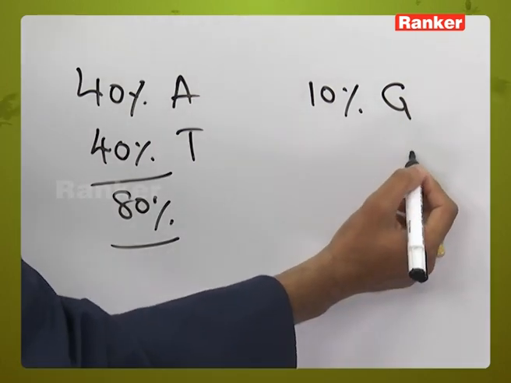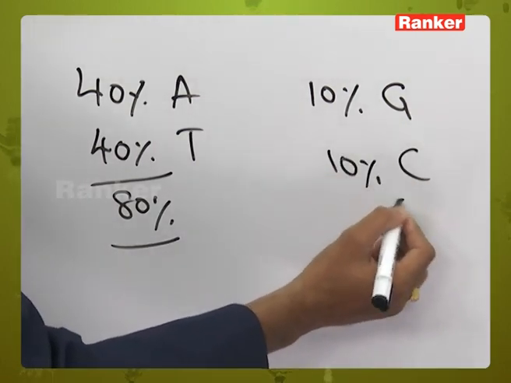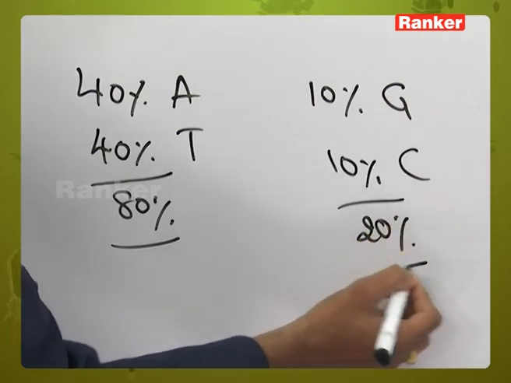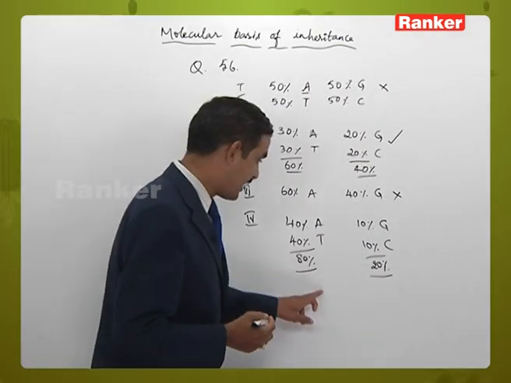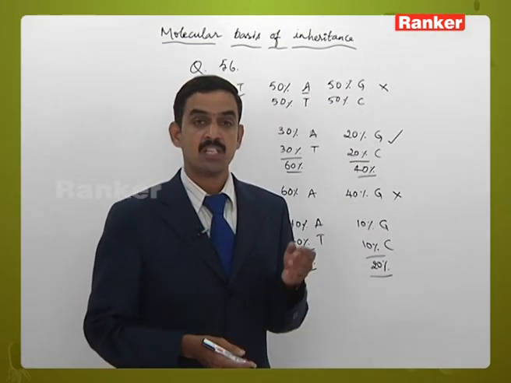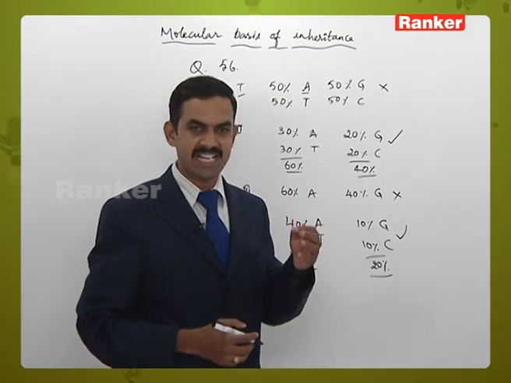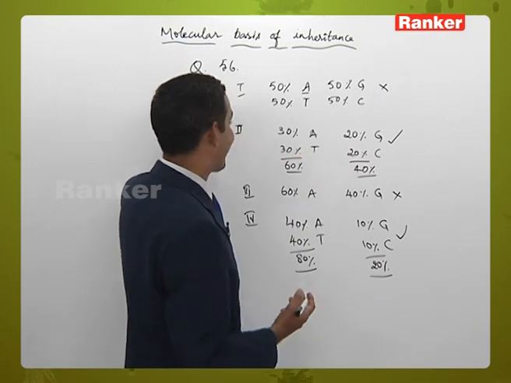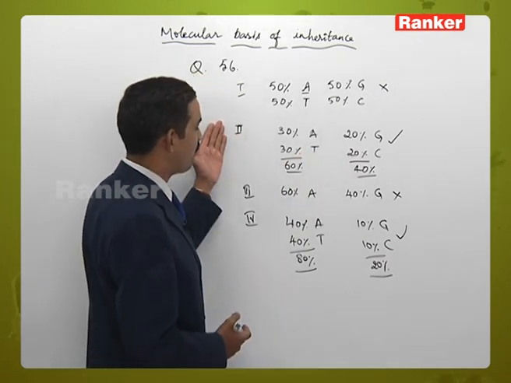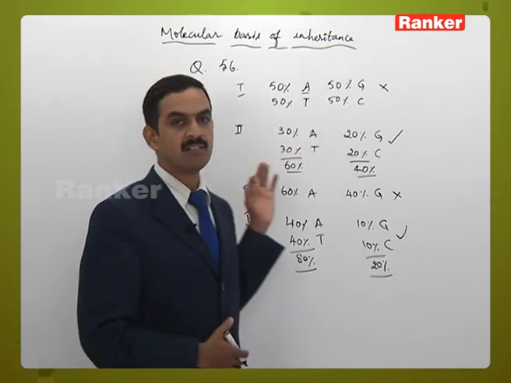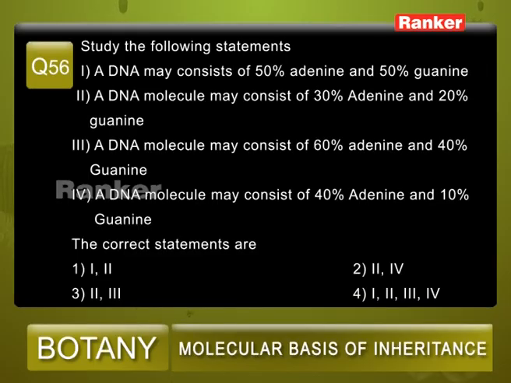When G is 10%, cytosine will also be 10%, so G and C total 20%. So 80 plus 20 is coming to 100%. So this is possible in a DNA molecule. Which of the following are correct? The second one and fourth one are possible, and these two are correct. So for question number 56, the correct answer is 2.